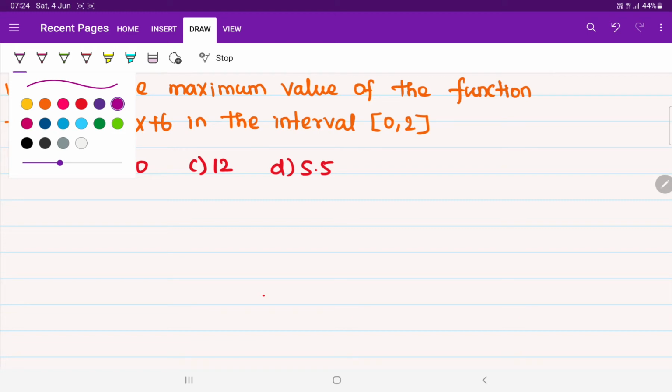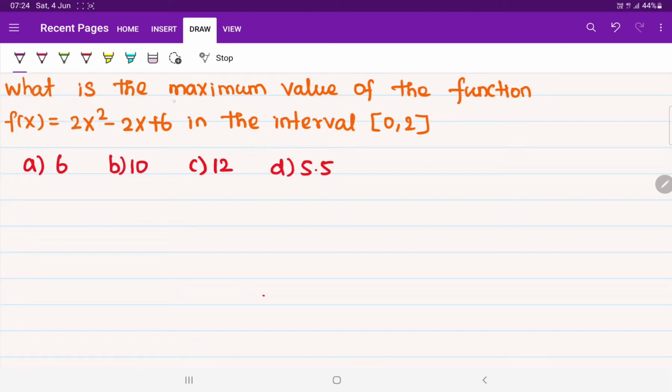The question is, if you observe carefully, what is the maximum value of the given function 2x power 2 minus 2x plus 6 in the closed interval 0 to 2? They have given a closed interval, so what is the condition? What is the difference between a closed interval and an open interval? Closed interval means this interval starts from 0 and ends at 2.